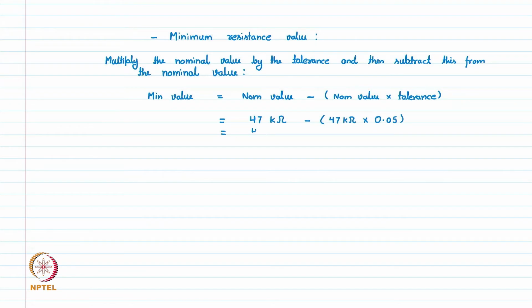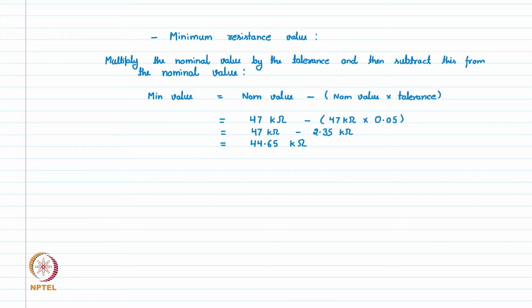So it comes out 47 kilo ohm minus 2.35 or so kilo ohm. So the minimum value of resistance can be 44.65 kilo ohm.